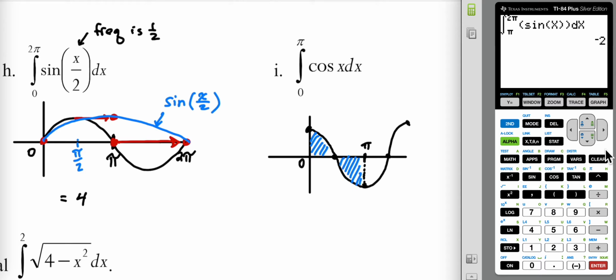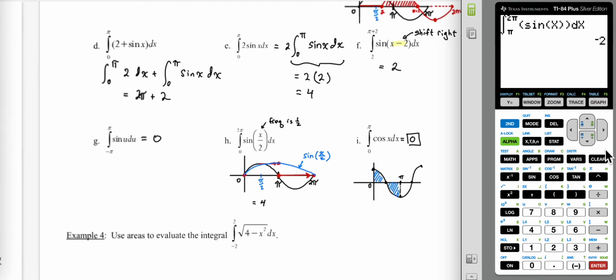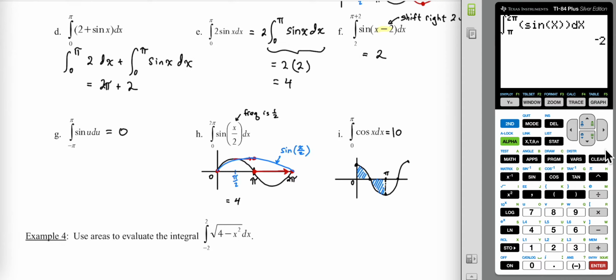So regardless of what these areas are, they're going to be opposites of one another, and therefore they will cancel each other out and give you a result of 0. All right, so that's pretty nice. Well, I didn't box any of the others, so I'm not going to box this one.